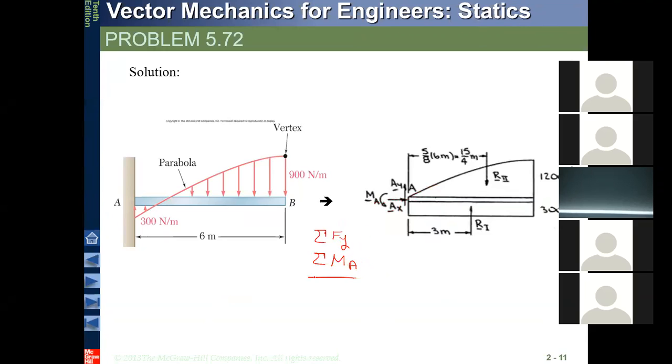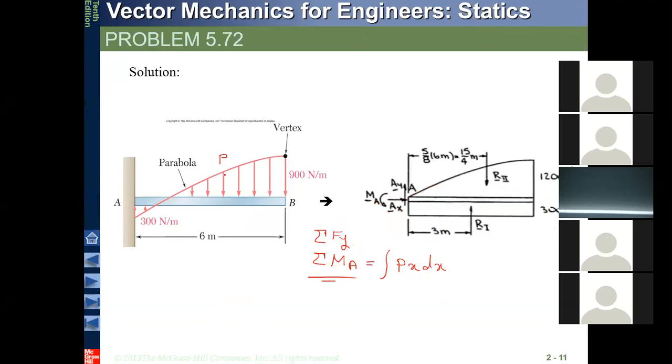You can write sigma m about point A as, if the load density, for example, here is P, then it is going to be P x dx.